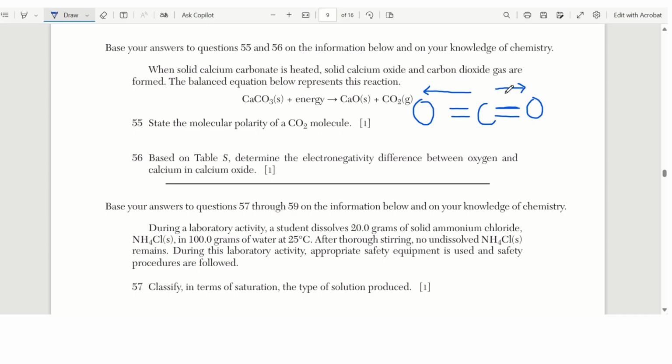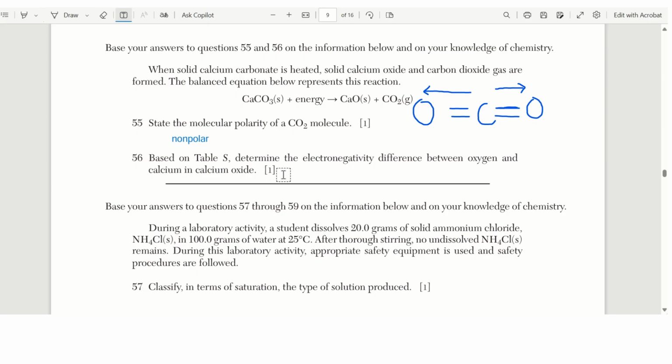So these two oxygen atoms are pulling in opposite directions. So the charge ends up being distributed equally. So the molecule is non-polar, even though the bonds are polar, but that's not what it asked.